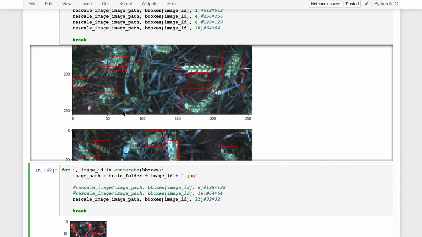Even if you have a 256 cross 256 image, the first layer of your neural network has how many? 256 times 256, it's about half a million parameters. Am I right when I say this? I'm not sure.